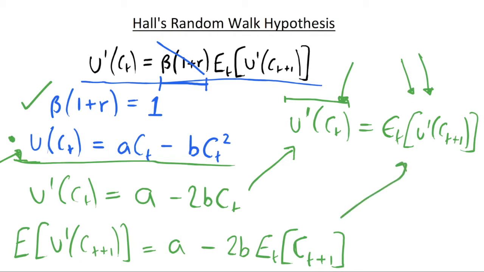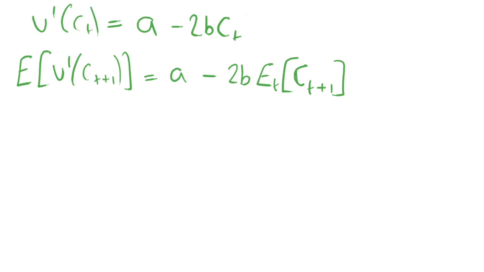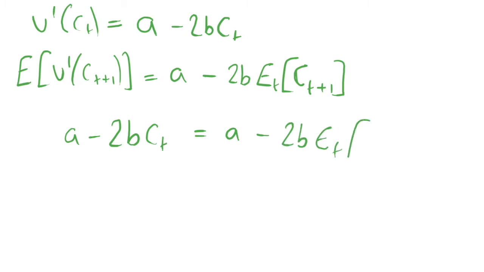So let's do that. We effectively set these two terms equal to each other. We have a minus 2b consumption in t is equal to a minus 2b expectation, given information in time t, of consumption in time t plus 1.